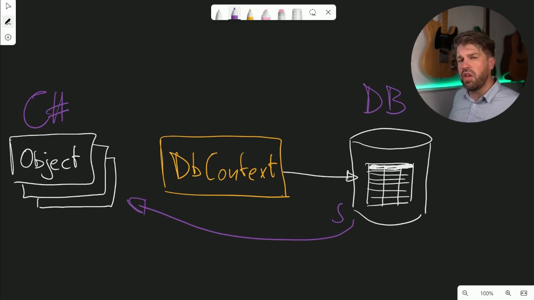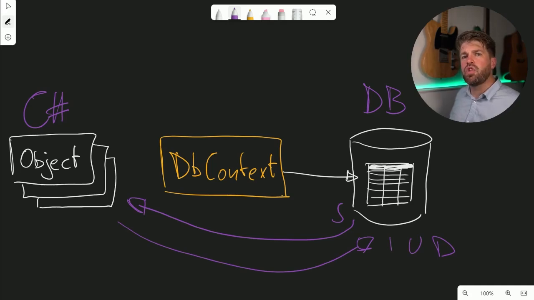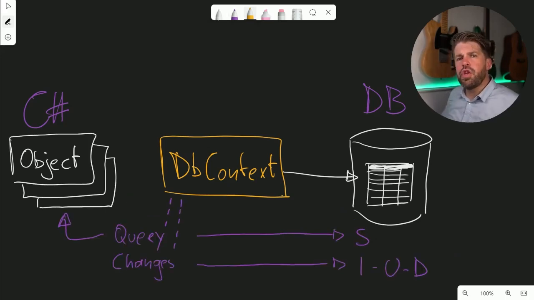If those objects then change, if we add new ones or we update existing ones, we remove some, then actually we can persist all of those changes through the DB context, and that will be executed on the database side as insert, update, and delete statements. And the DB context will manage all of that for us. So it's really the little thing that ties the objects in the code side and the tables in the database side together.